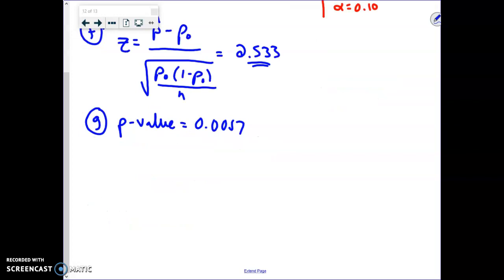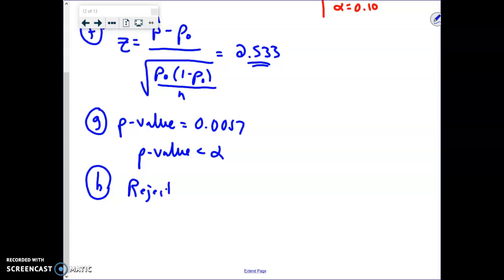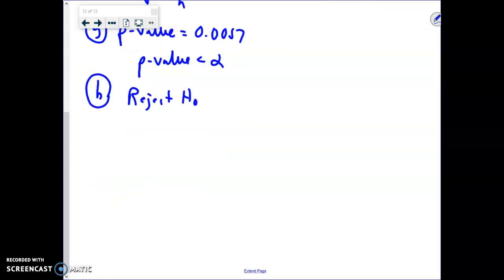So our p-value is less than alpha. So now finally we are going to reject the null. And what that says is that our sample data was extreme enough to say that the home team is winning more than 50% of the time, and it's not due to chance fluctuations.